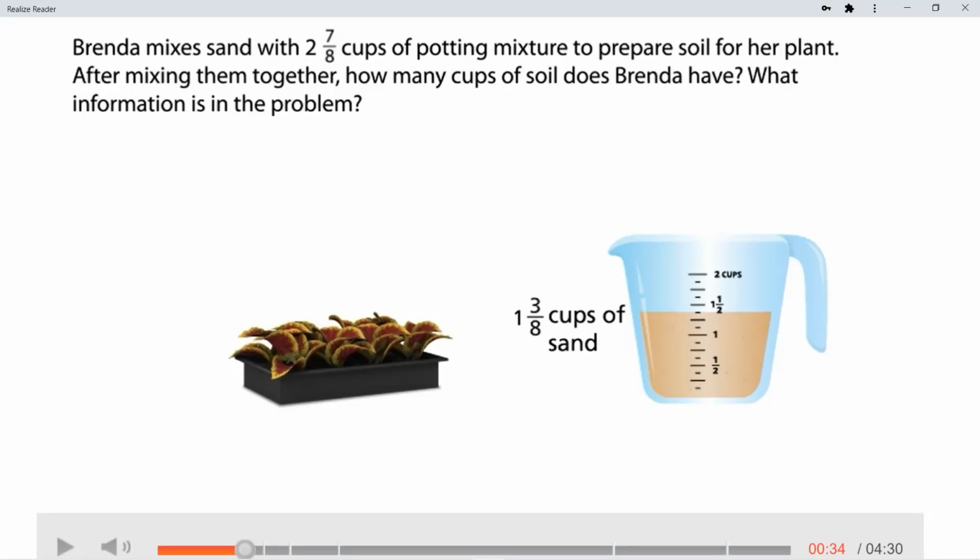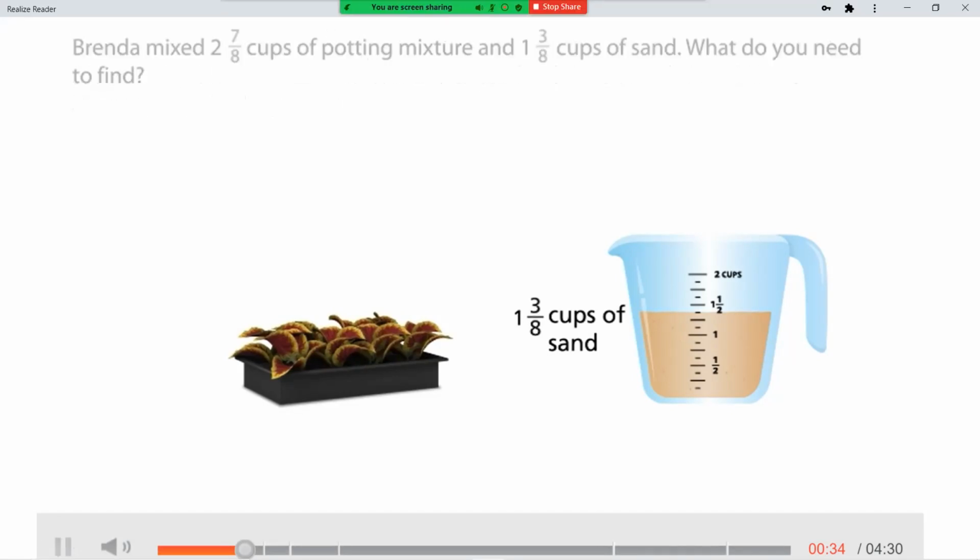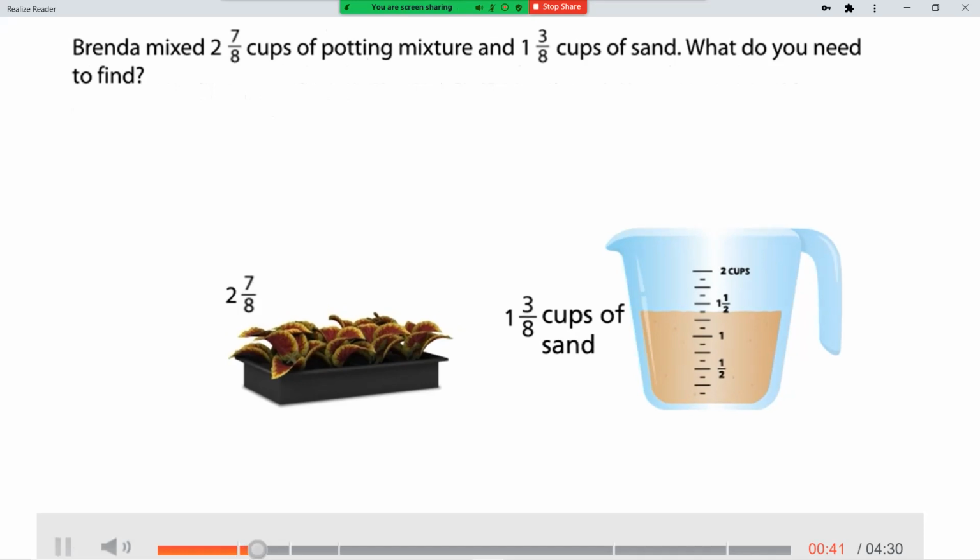So after we put those two parts together, the potting mix and the sand, we're going to try and figure out what our total is. So whenever we're trying to figure out the total, that means we're going to be adding those parts together to find the sum. Brenda mixed 2 7/8 cups of potting mixture and 1 3/8 cups of sand.